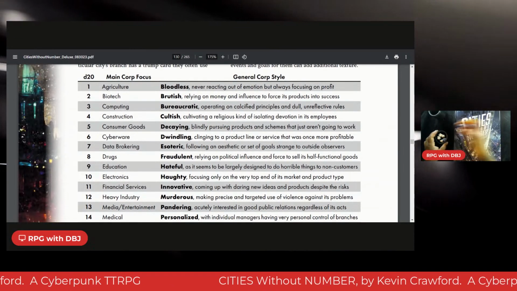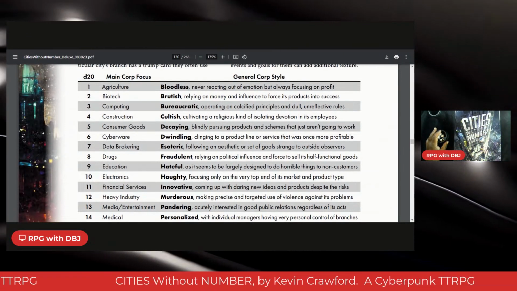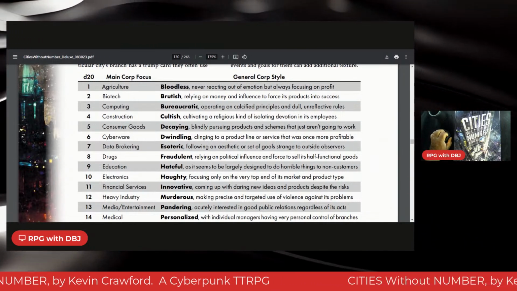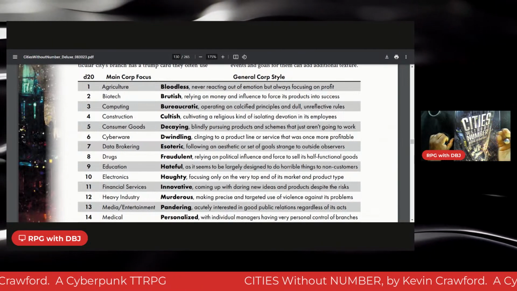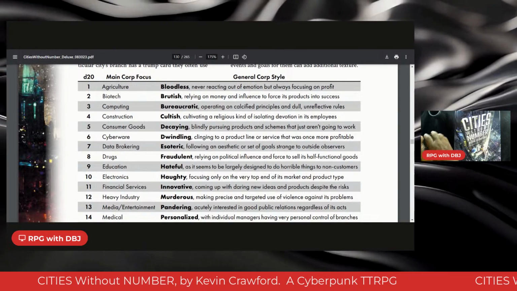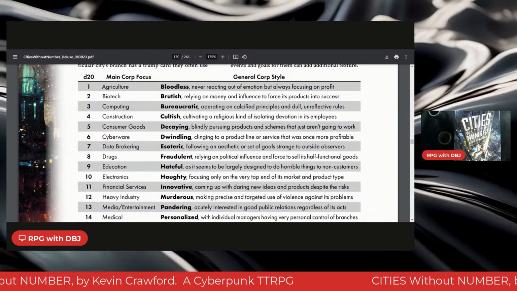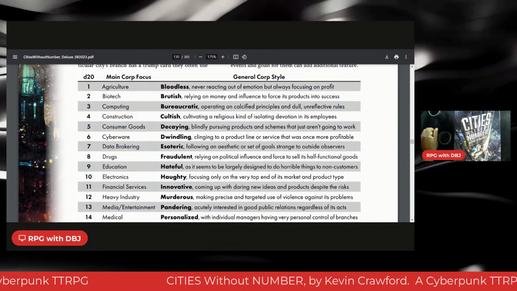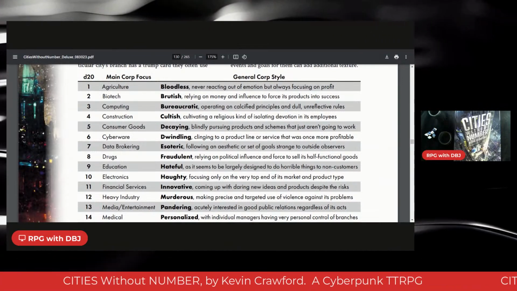So, our random mega corporation is built on construction, and I'm going to roll again to get the general corporate style. It's a construction company that is decaying, blindly pursuing products and schemes that just aren't going to work. Kind of funny. All right.